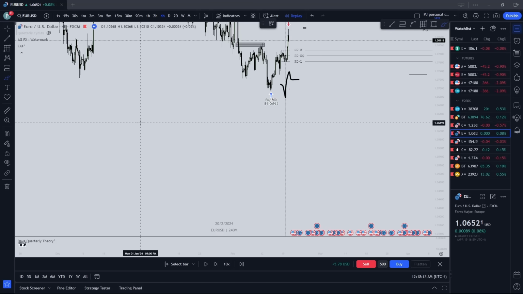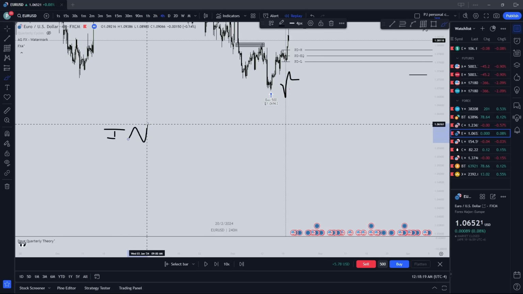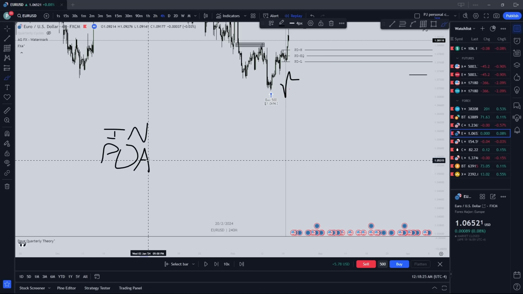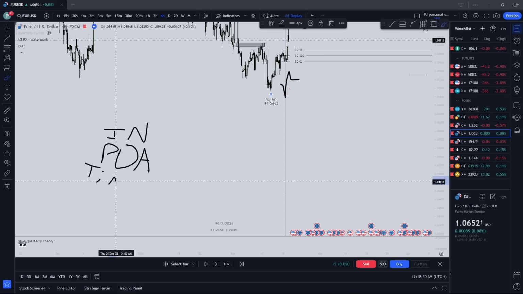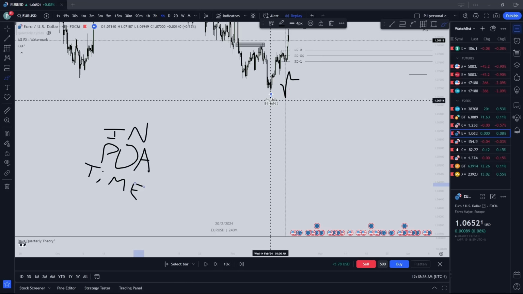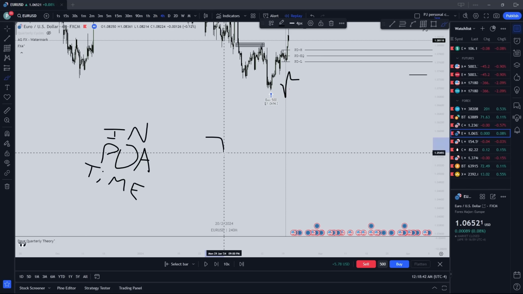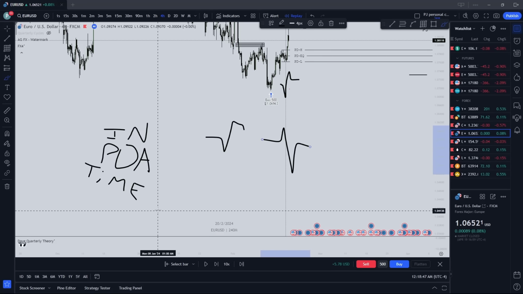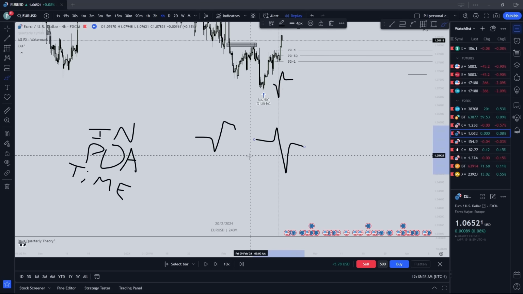We want to keep in mind our 3 key aspects: inside candle, PDAs resting, as well as which specific time candle it is. Each candle has our open, low, high, close, our open, high, low, close. And with each candle, we draw out a candlestick here.